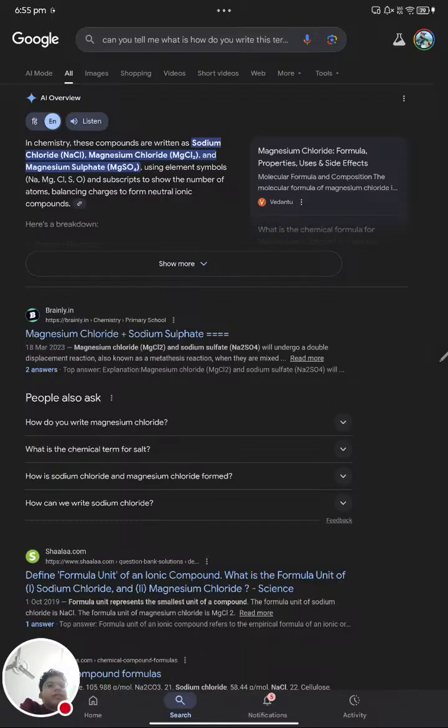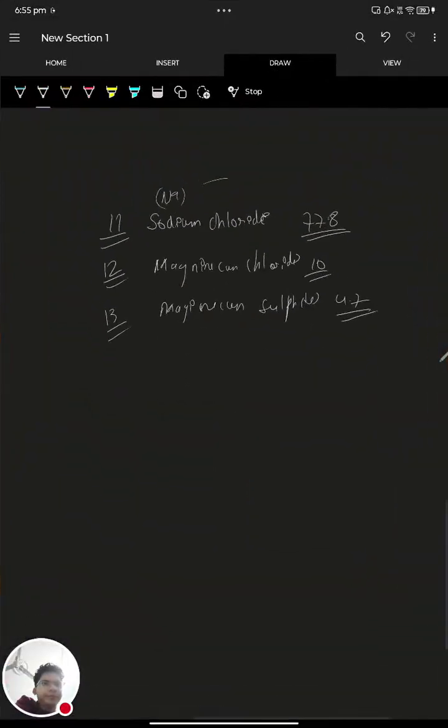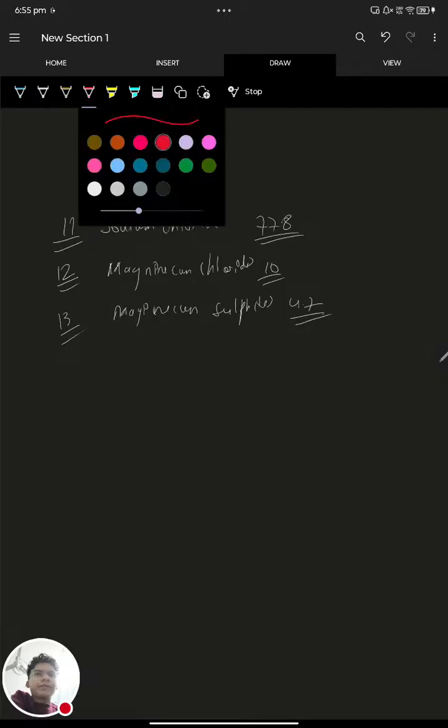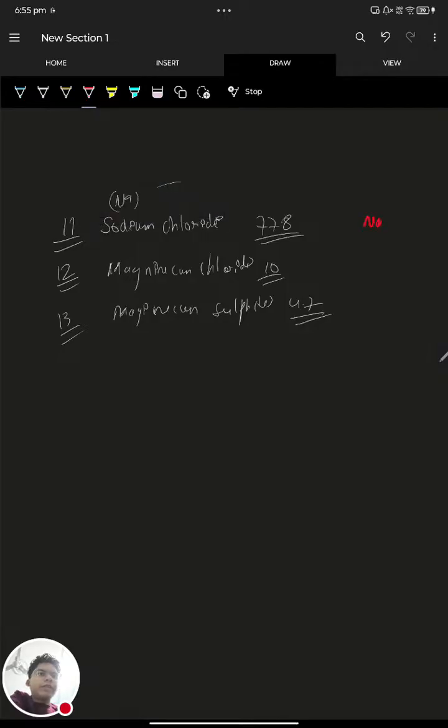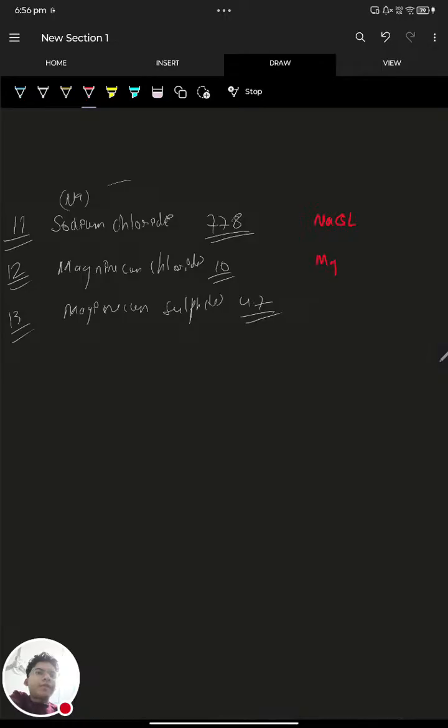Magnesium chloride is MgCl2, magnesium sulfate is MgSO4. 77, 10, 4.7.